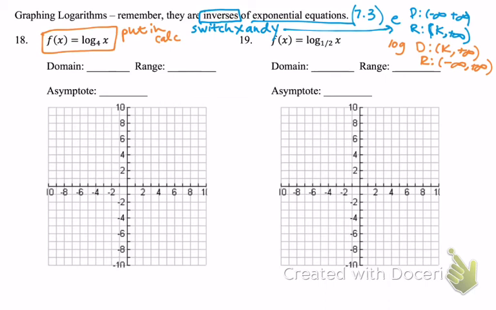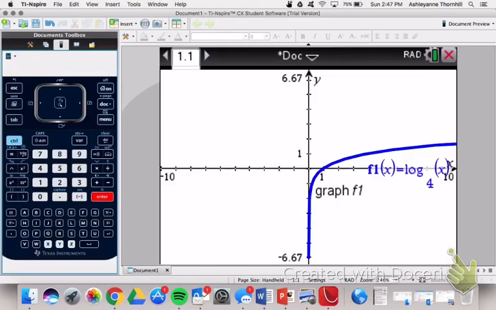I'm going to show you on the calculator what that's going to look like. So I have typed that in the calculator. This is log base 4 of x. You'll notice that the domain is from about 0 to positive infinity. So we would call this line right here a vertical asymptote.